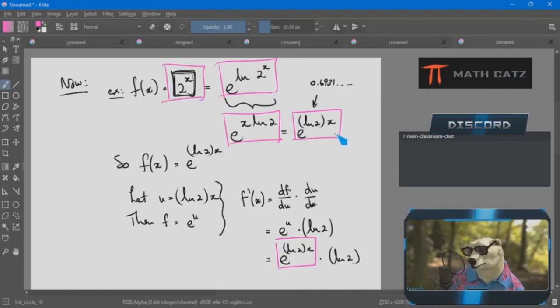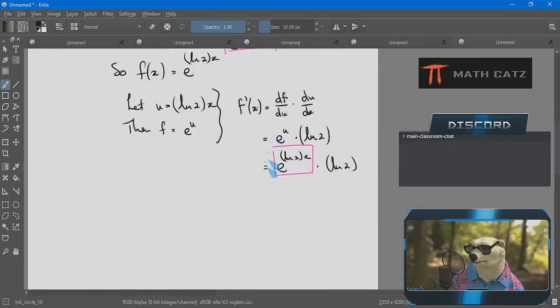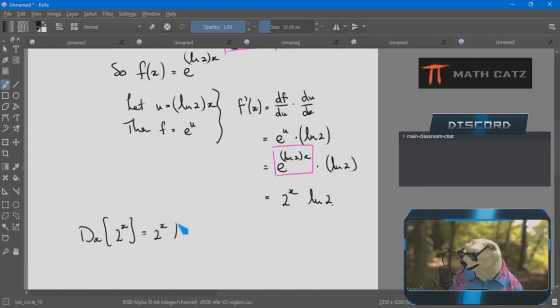So by going backwards in the line that I started with, this in the pink box is the same as 2 to the x. And then I have my log 2, of course, right? So, derivative of 2 to the x is 2 to the x, natural log of 2.